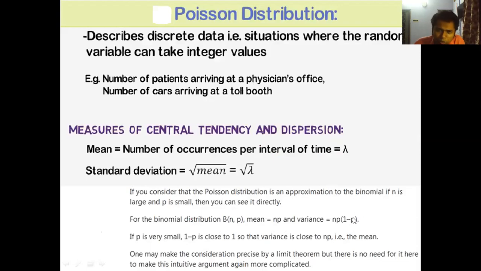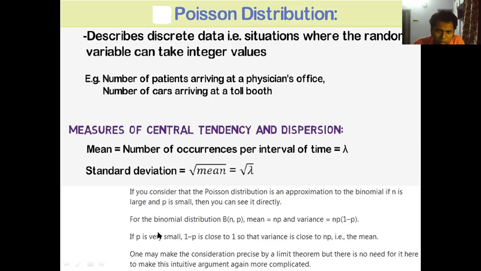So if p is very small, then 1 minus p is close to 1, so the variance, npq, is close to np. It means the mean.